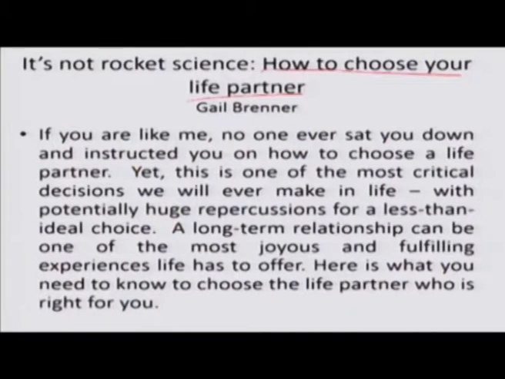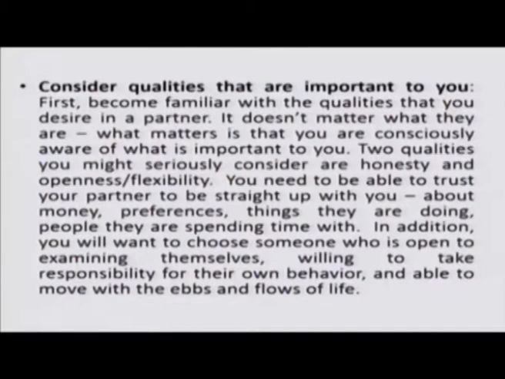So, what are the things the writer is talking about? The first one you can see here is to consider qualities that are important to you. Why does this come first? Probably because the writer thinks this is the most important. And according to the writer, which qualities should one seriously consider? They are honesty, openness and flexibility.